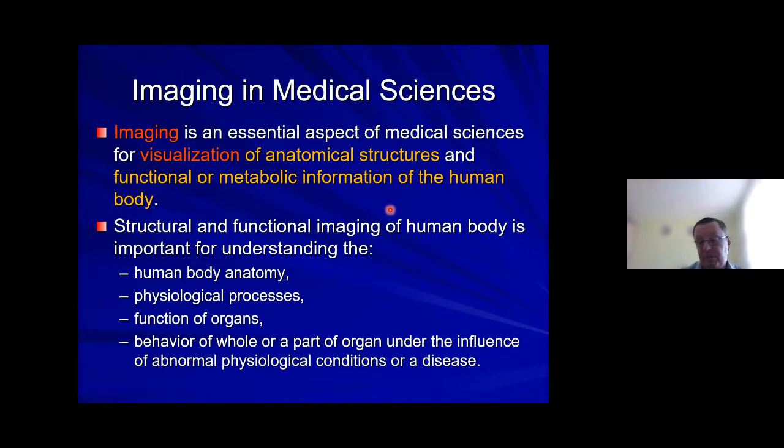Actually, for hundreds of years, only drawing and painting were used for this, with manual processing. Such information is important for understanding anatomy, physiological processes, function of organs, and behavior of a whole organ or part of an organ under the influence of abnormal physiological conditions or diseases.